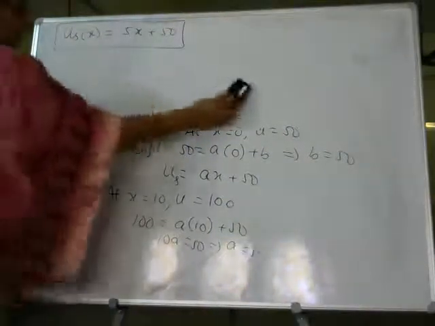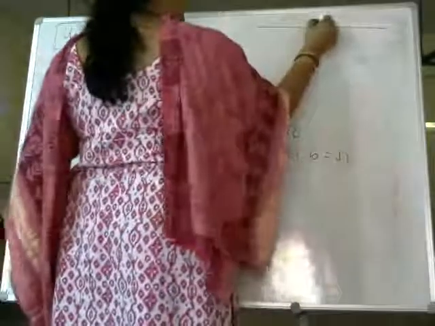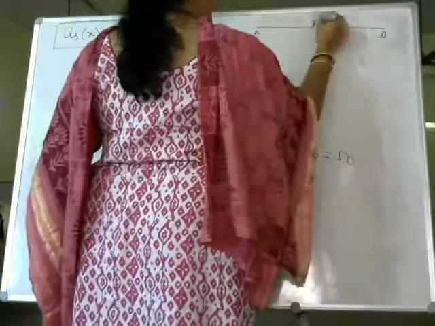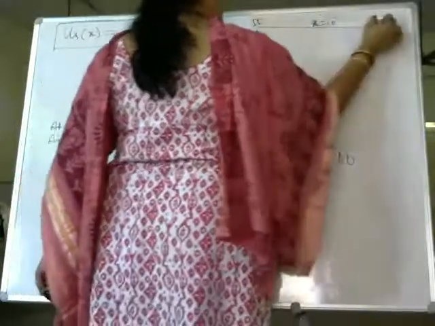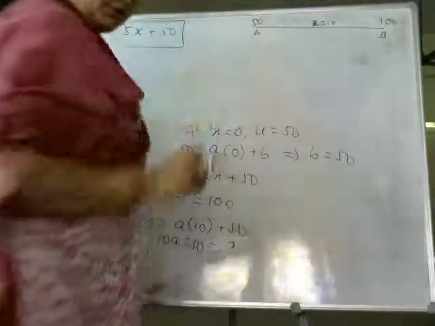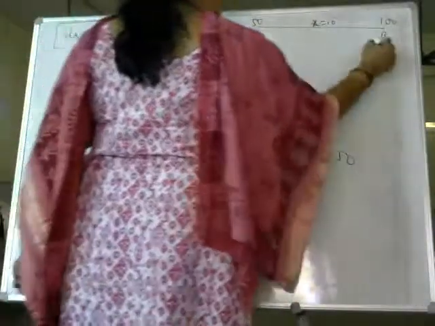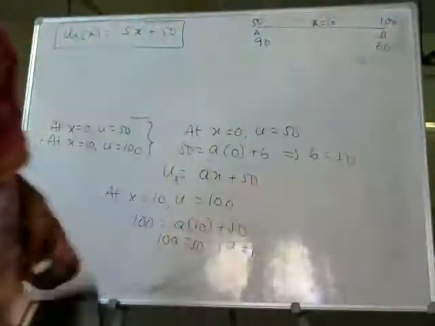Now what is to be done? Then the temperature of the rod is changed. Originally 50 and 100, then it is changed to 90 and 60. I think these are the temperatures given.